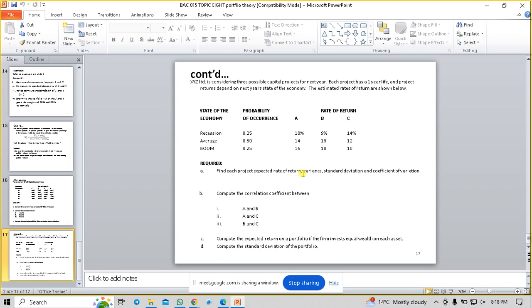Fine, thank you. Oh, okay. You don't have these. Let me send it right now. Thank you for that. So let me share with you. It's called portfolio theory.